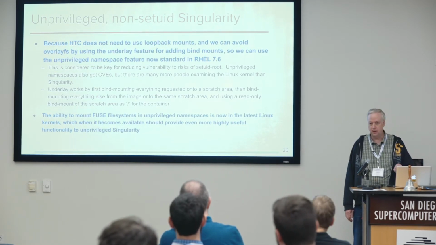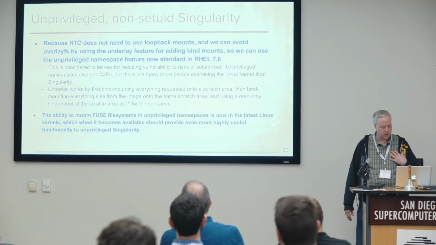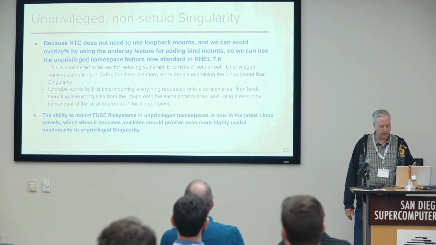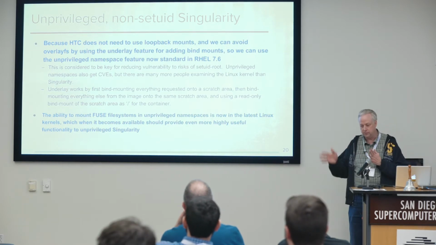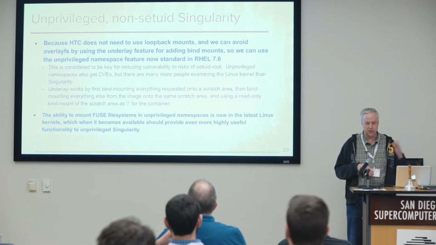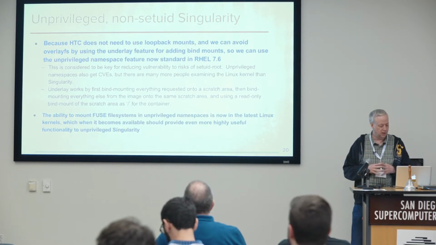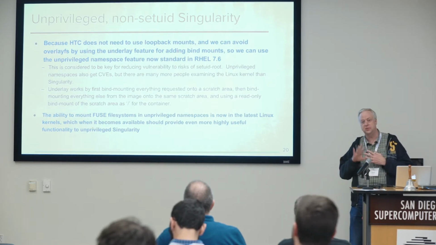So let me also talk about our push towards unprivileged Singularity. Because we don't need these loopback mounts, and we can avoid using overlay FS for extra bind mounts that might not be in the image, we instead use underlay. That's why we came up with the underlay feature first, because that was really important to us in order to be able to run unprivileged.